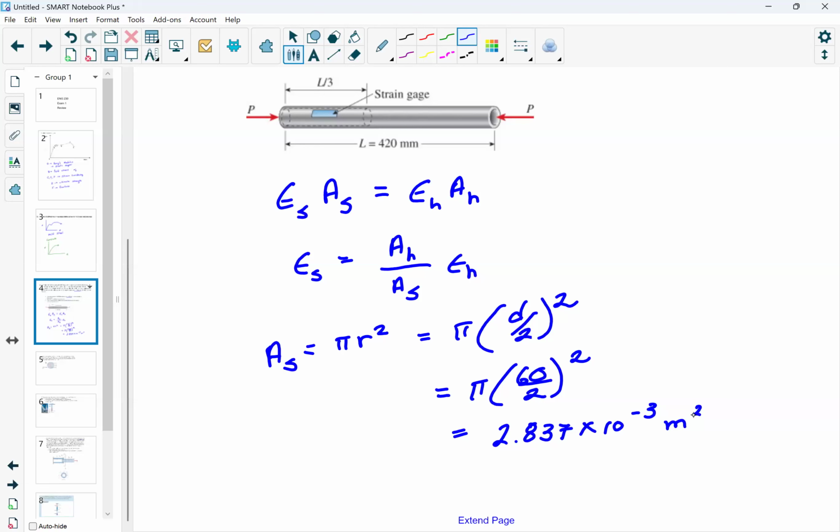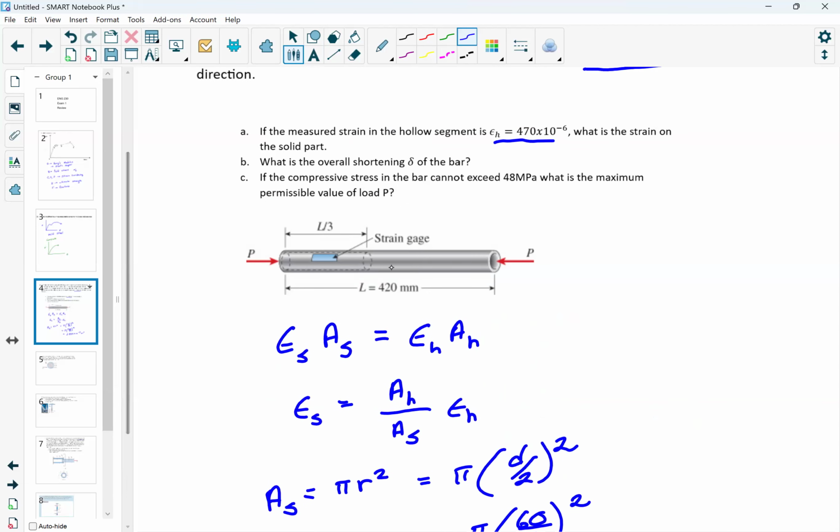Can I ask how you got the strain times area, setting them equal to, how you came up with that equality? Sure. So if you think about it, P is going to be the same on both ends, right?